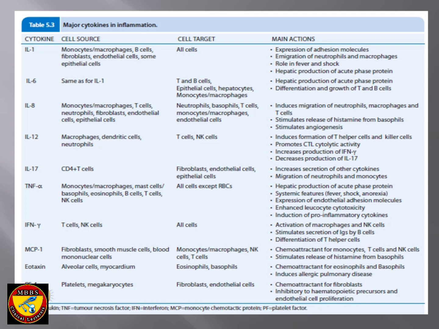So tumor necrosis factor alpha, interleukin 1, interferon gamma, interleukin 6 and 8. These also come into the important categories. So this is about the major cytokines in inflammation.